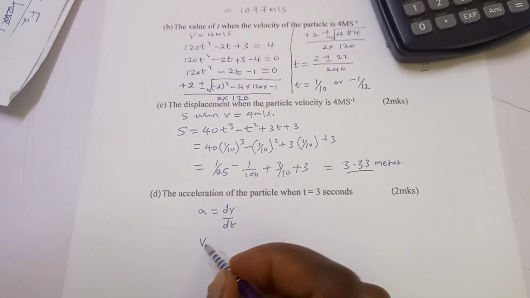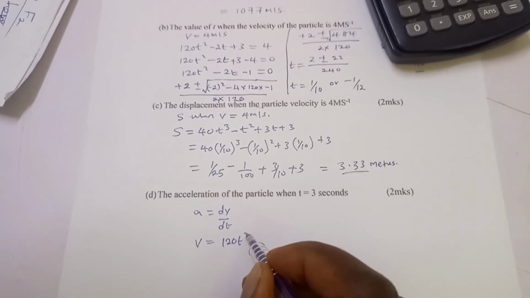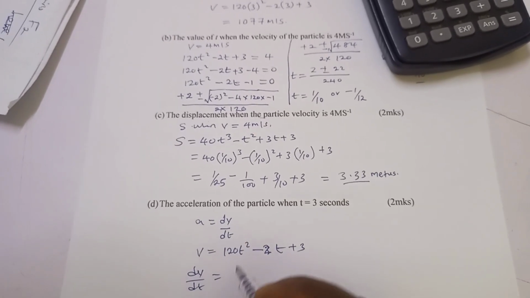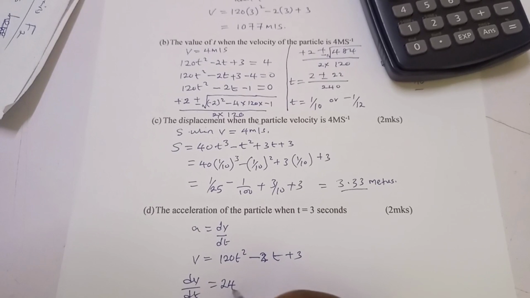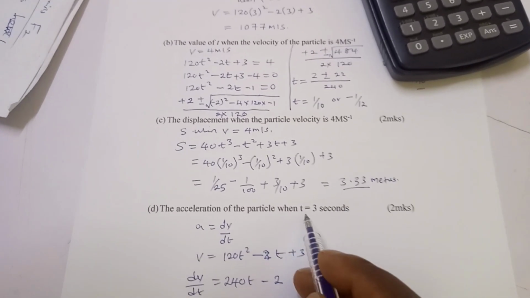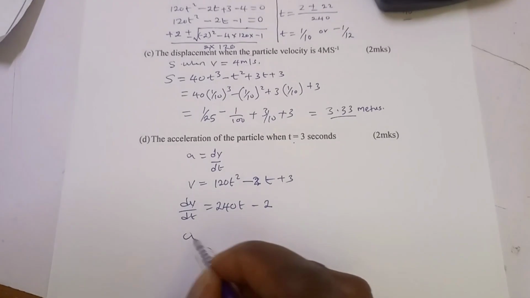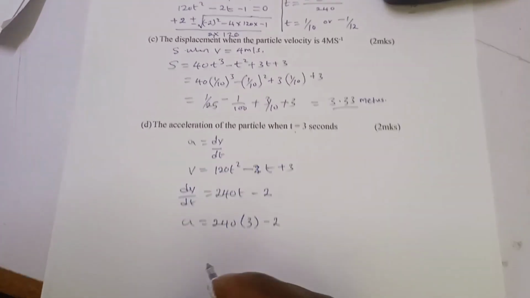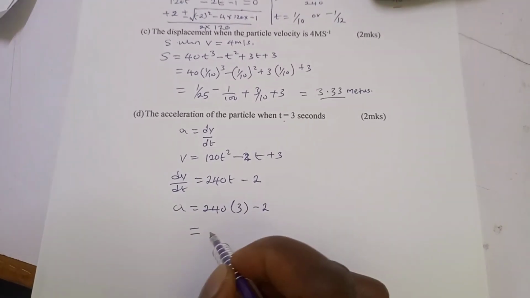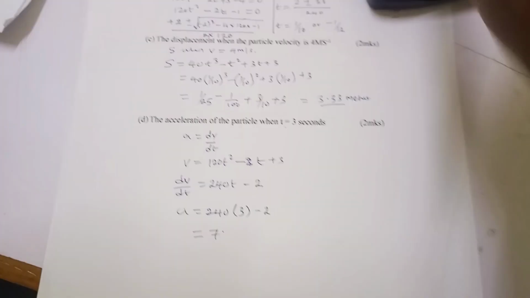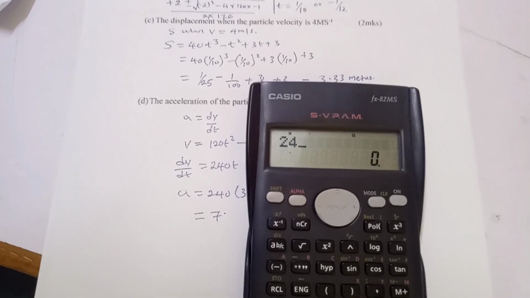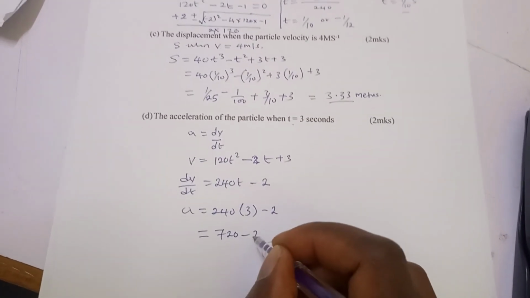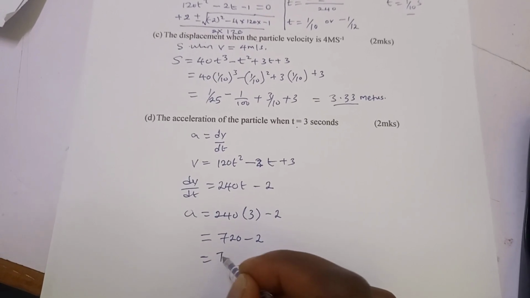So for 120t squared minus 2t plus 3, we differentiate dv/dt and get 240t minus 2, and t is 3, so we substitute t being 3. 240 by 3 minus 2: 240 by 3 is 720, minus 2, we get 718 meters per second squared.